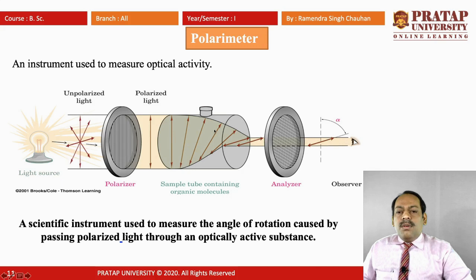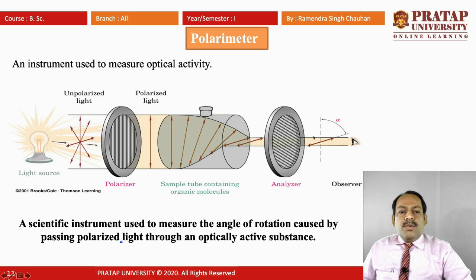Now in the second step we place the optically active substance in the polarimeter tube, and now we observe some light through the analyzer in the same condition. So we rotate the analyzer clockwise or anti-clockwise to set it to the cross position with the polarizer again, that is, a condition where light is blocked.